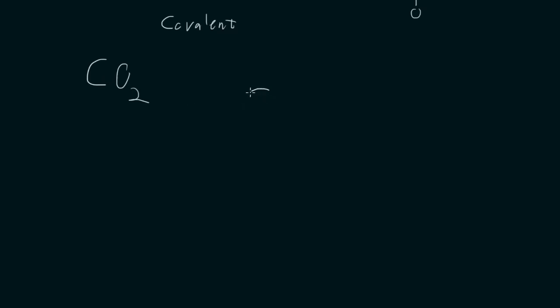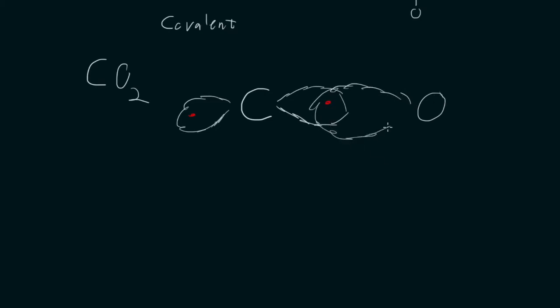And so I like to draw this as carbon. Let's say carbon's got this electron orbital, this electron cloud right here. It's going to have one on either side. And then let's say it's got an electron in each of these, one electron. And I'm going to have an oxygen, and this is going to have an electron cloud. And over here, I'm going to have another oxygen.